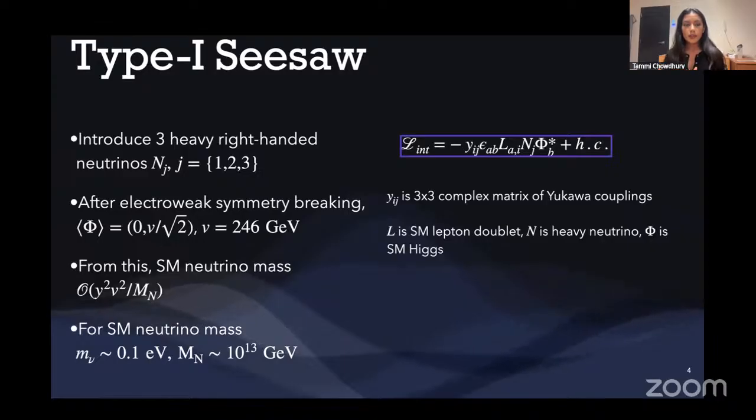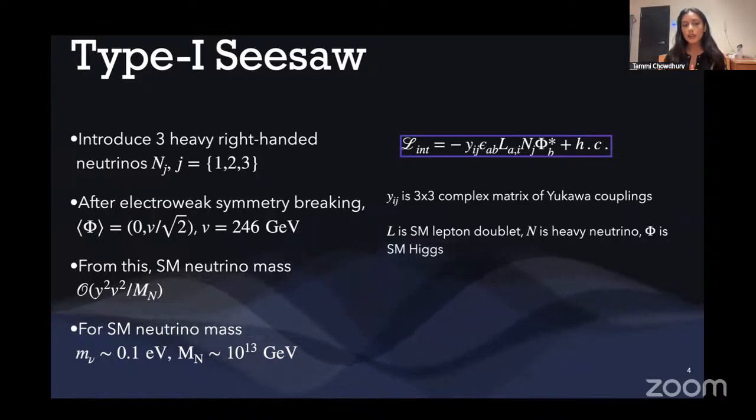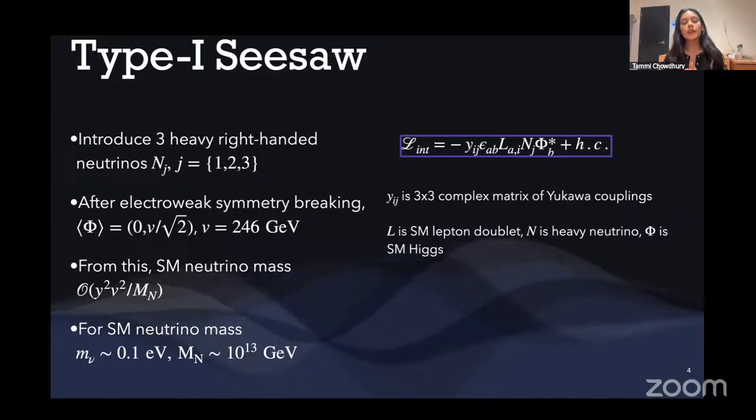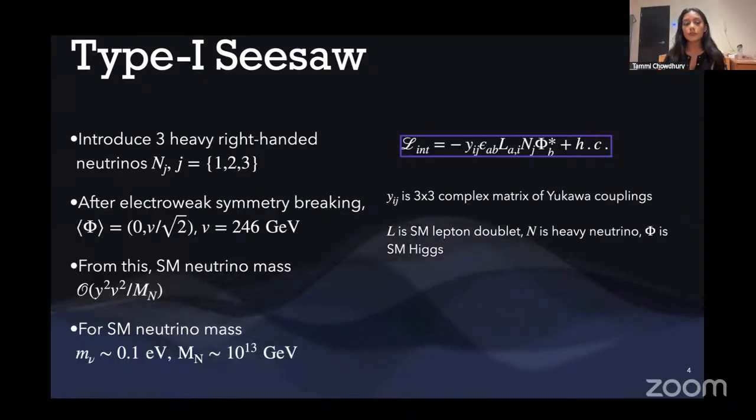And so you can diagonalize this matrix. You can calculate the mass eigenvalues of the system, and you find that the scale of the standard model neutrino mass from this goes like Y squared, which is, again, that Yukawa coupling, times v squared, where v is the Higgs vev, divided by the mass of this new heavy right-handed neutrino.